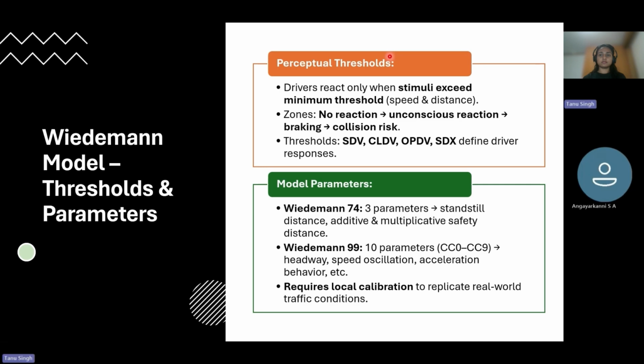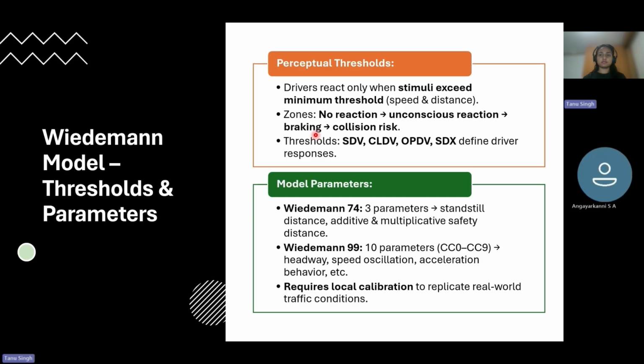First is the no reaction zone, where no action has been taken. Second one is unconscious reaction, where minor adjustment is done. Third one is the braking, where deceleration is done to maintain safety. And fourth is collision zone, where it is below the minimum safe distance.